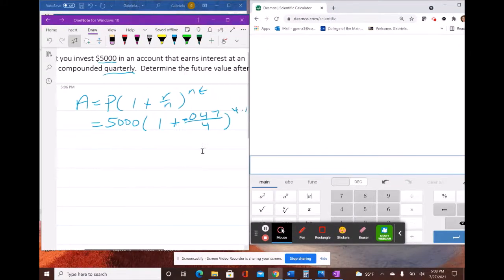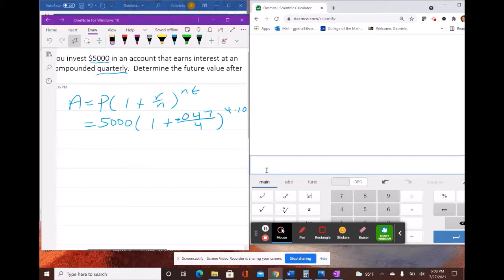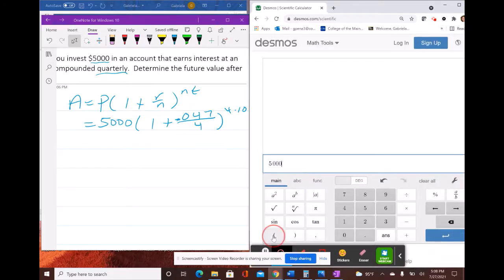So I have 5,000 times parentheses 1 plus 0.047 over 4, close parentheses, to the power of 4 times 10.